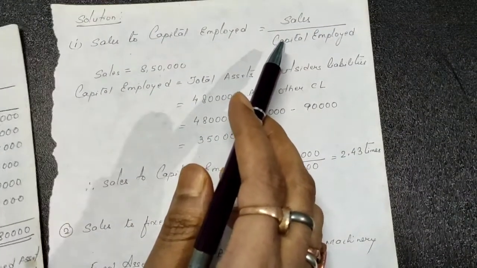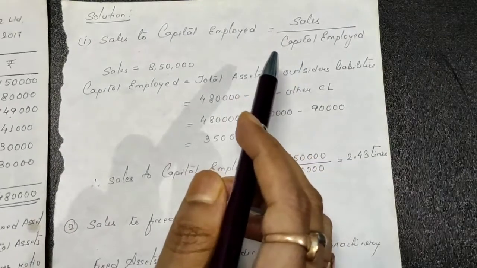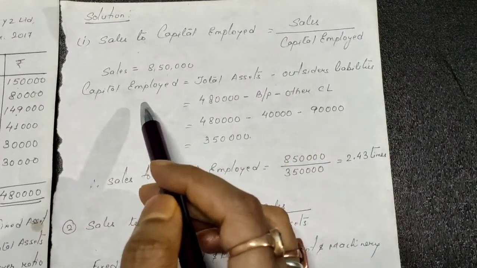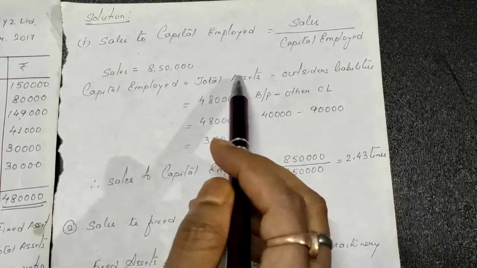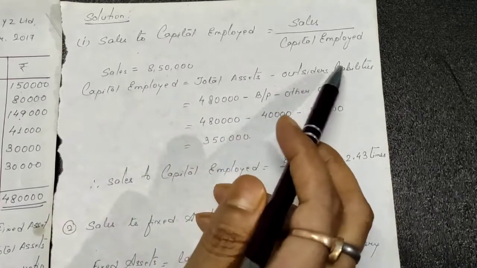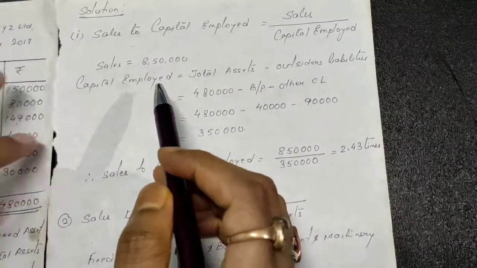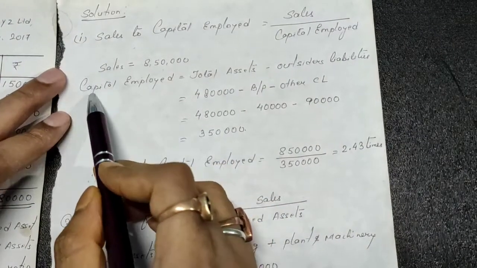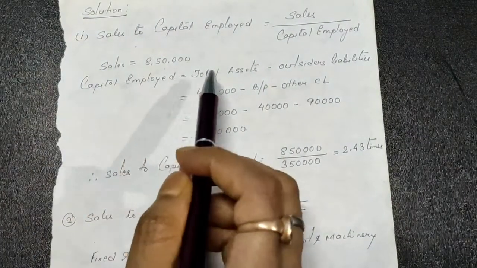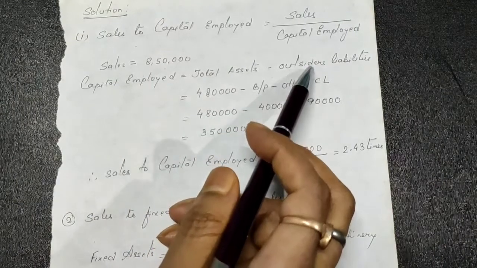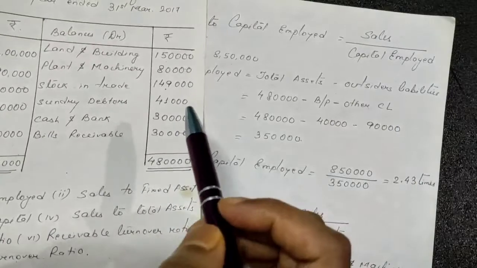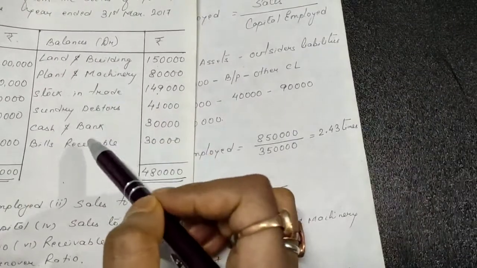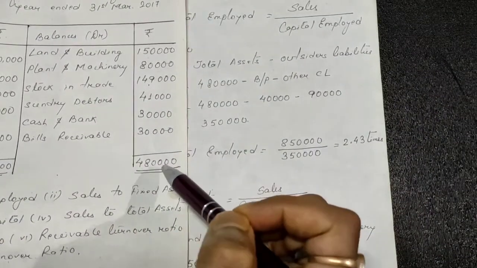Now capital employed is not given directly, so we have to find out capital employed using the formula. The formula for finding capital employed is simple. It is total assets minus outsiders liability. I'll repeat once more, you can note it down in your copy. Capital employed is equal to total assets minus outsiders liability. Now total asset means, you can see here, this is the asset side. So total of this is 4,80,000.